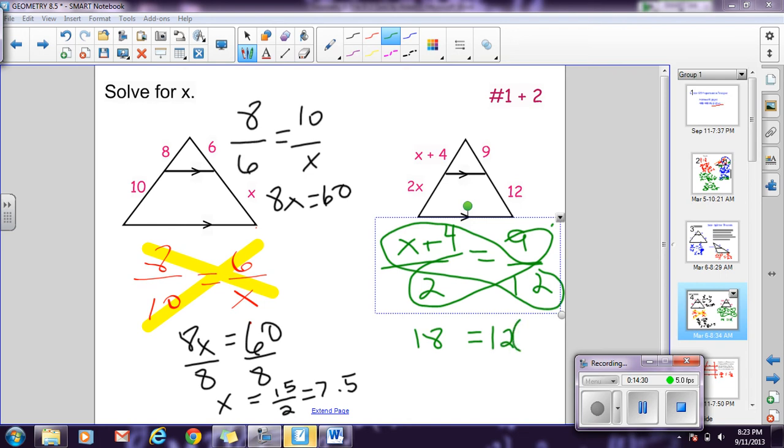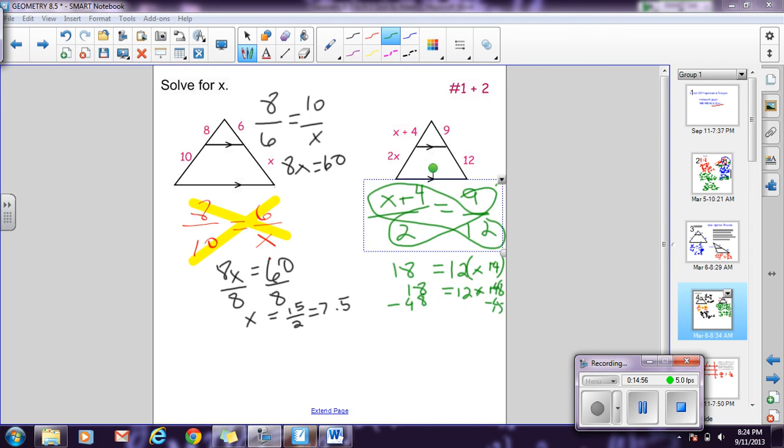I'm going to do 12 parentheses x plus 4 because I have to distribute that 12 to everything. So this becomes 18 equals 12x plus 48. So we have enough room. There we go. And then subtract 48 from each side because I'm going to get x by itself.